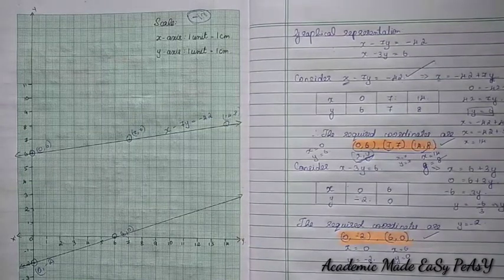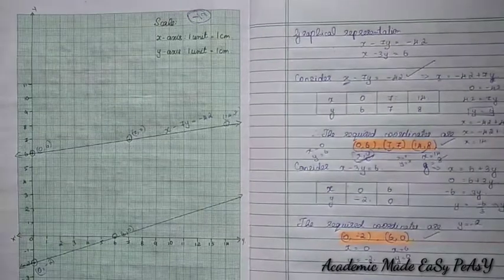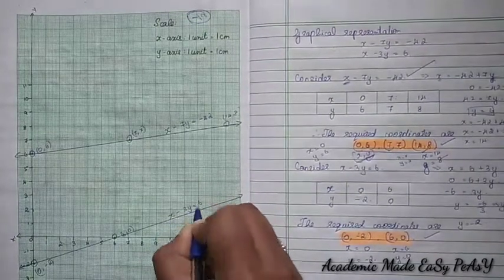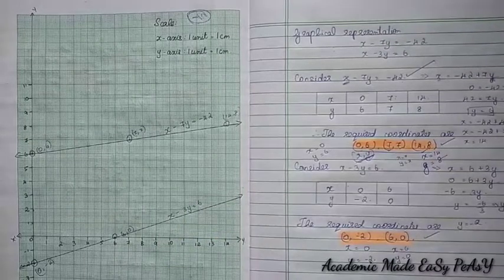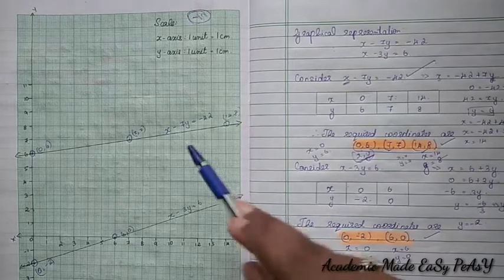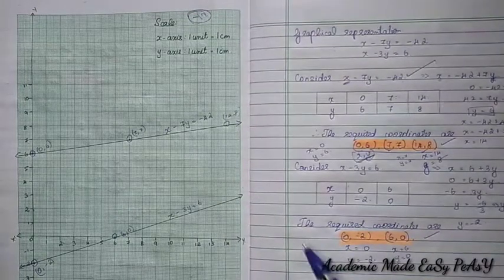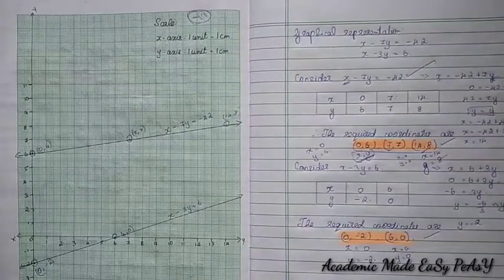So we have drawn these lines now. On this line also we have to mention what equation it is. It is x minus 3y is equal to 6. This is the equation that has to be written, and it is very important to write these equations on top of the line. It is a must to mention the equation.